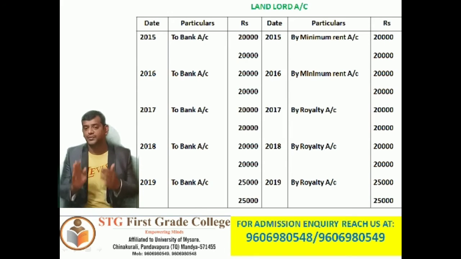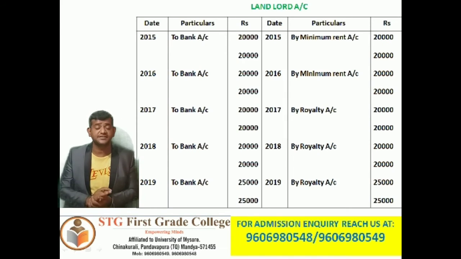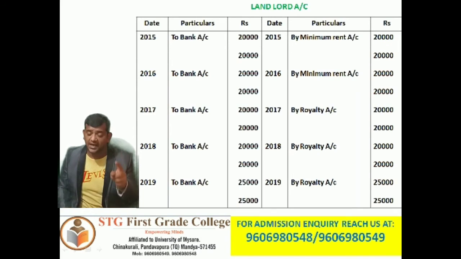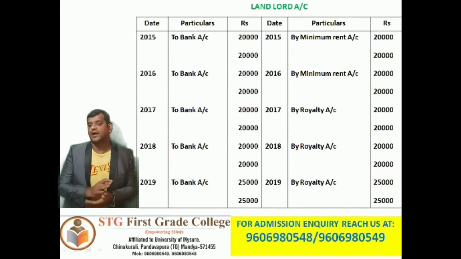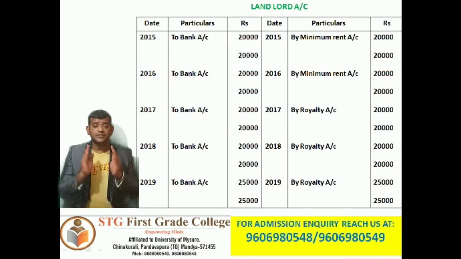So 20,000, 20,000 total. In the year 2017, to bank account 20,000, by royalty account 20,000, because our output exactly equals minimum rent, so that is why by royalty account 20,000, total both the side 20,000 and 20,000.